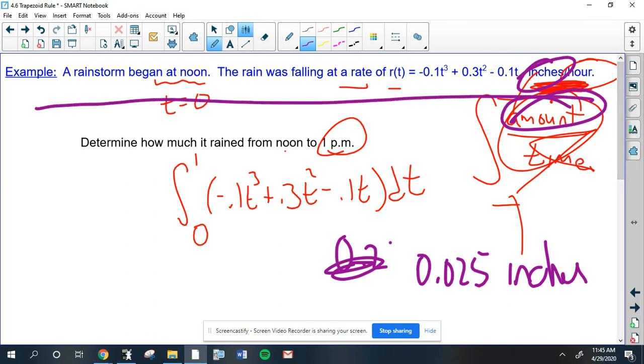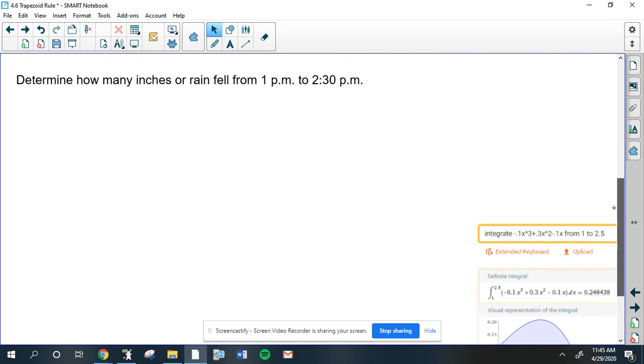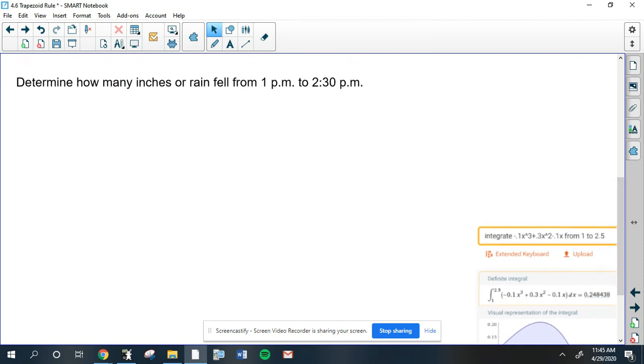The next question is the same situation, and this will be quick, but it's going to ask for a different time. How much rain fell from 1 to 2:30? Well, the storm still started at noon, so t equals 0 is always noon here.